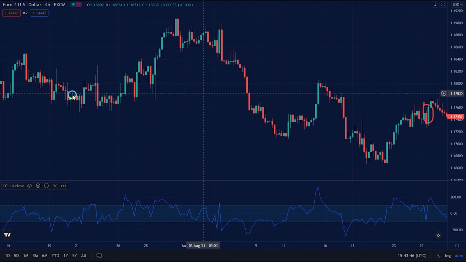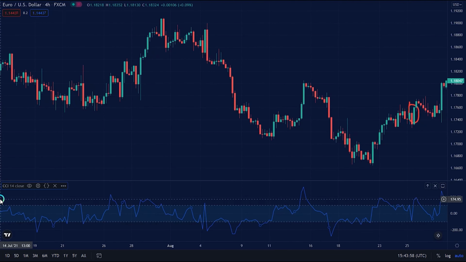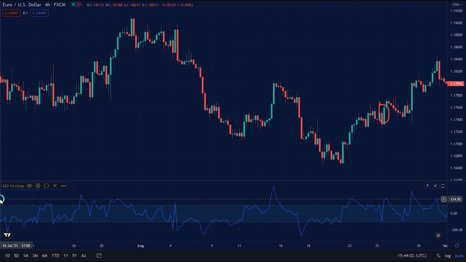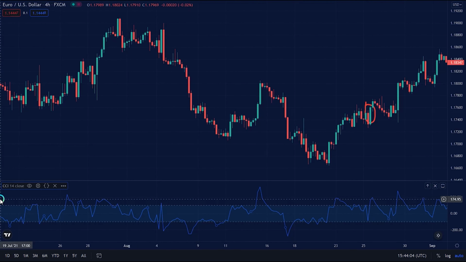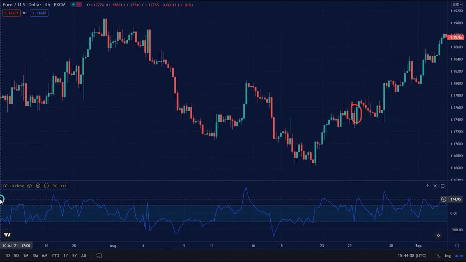Now let's see what the market did after we entered the markets. So we entered the markets exactly here where I put the red circle, and now let's see what the market did. It was a buy trade, of course. Yeah, so the market went exactly the direction that we want to go. And now I want to tell you the exit strategy because I think you can spot it.